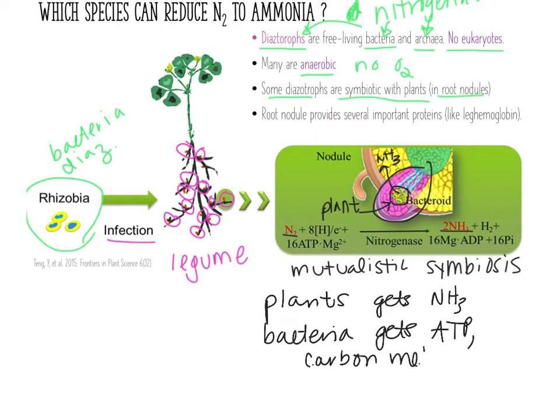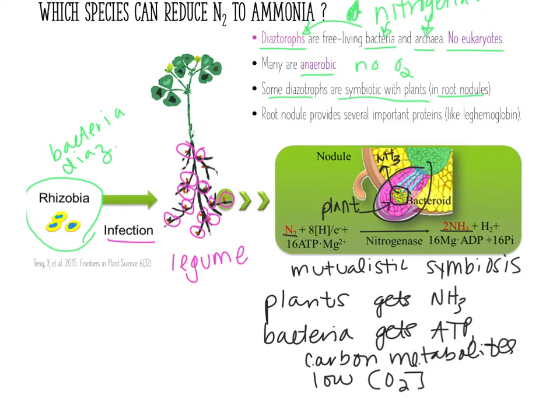Let's call them carbon metabolites. And the plant also supplies the low O2 conditions for the bacteria. So that's what each of them get. So the bacteria give the plant the useful form of nitrogen, and the plant gives the bacteria some ATP, carbon metabolites, and the low O2 conditions.